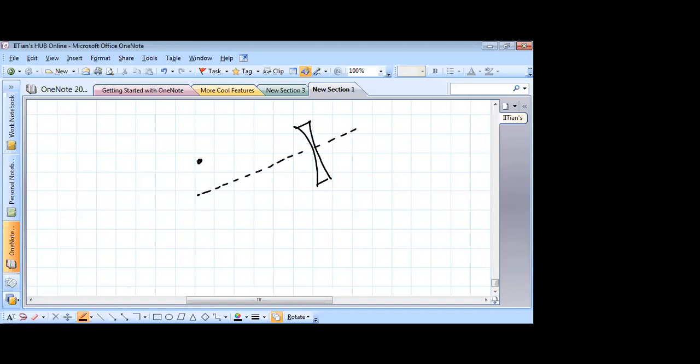The object which is here will produce an image somewhere here. Okay, but interestingly, you'll see that image and object lie on this principal axis of the original lens.